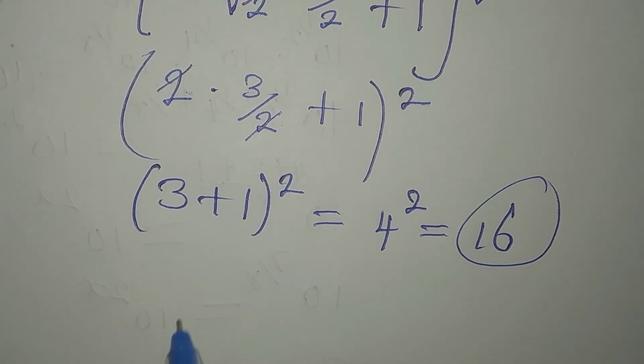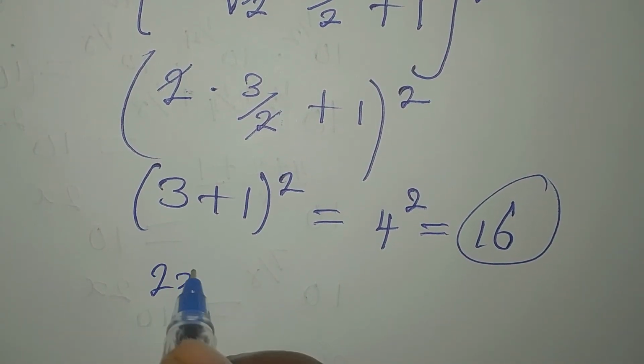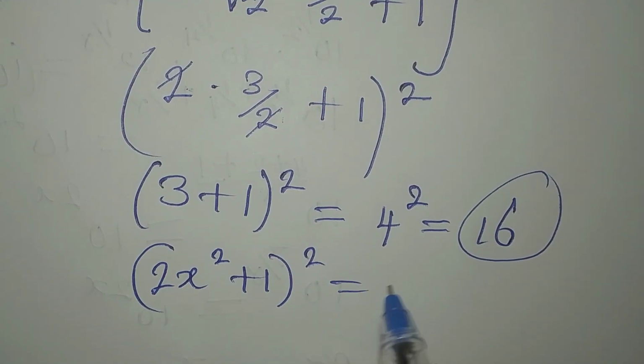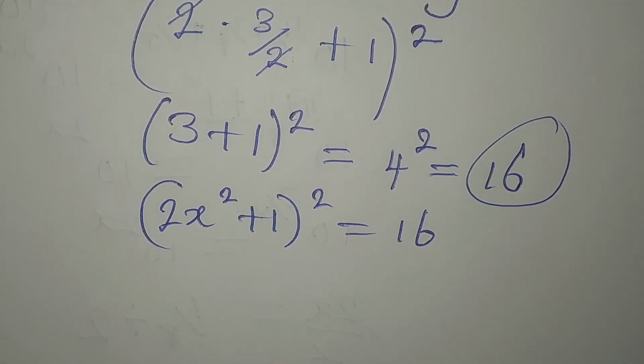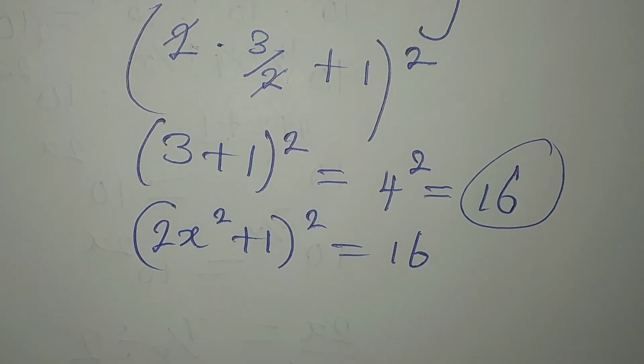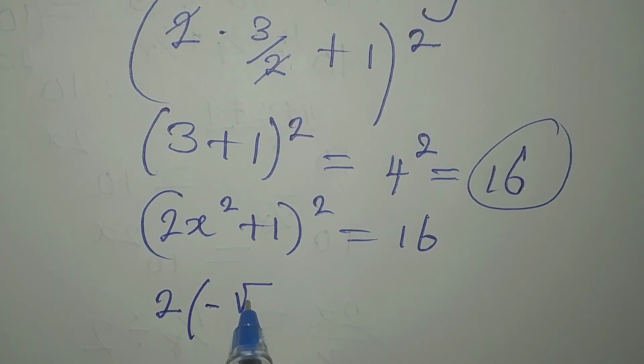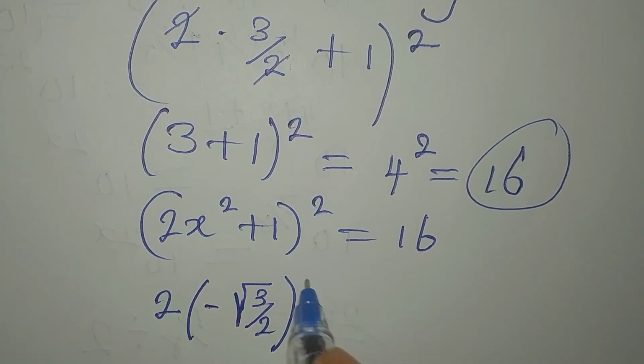Now the equation still remains (2x² + 1)² = 16. Then the other value of x is the negative of what we have used. So we'll multiply by negative square root of 3/2. Now this right here will be squared, right?